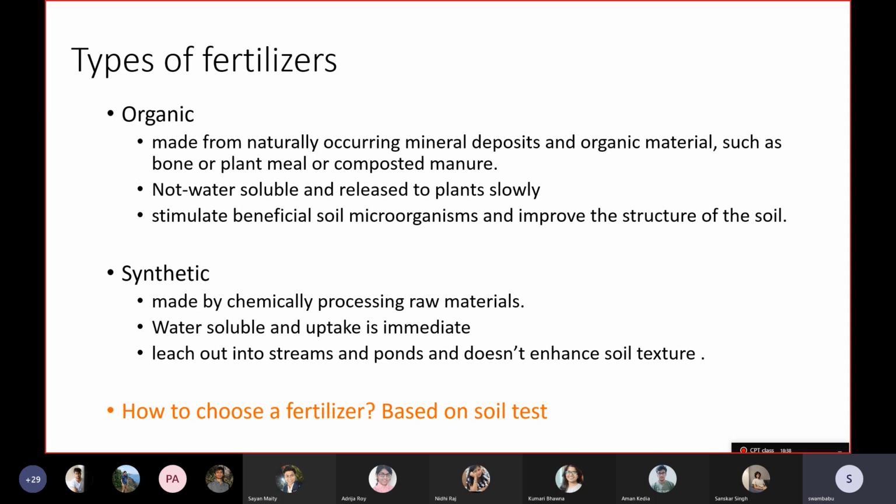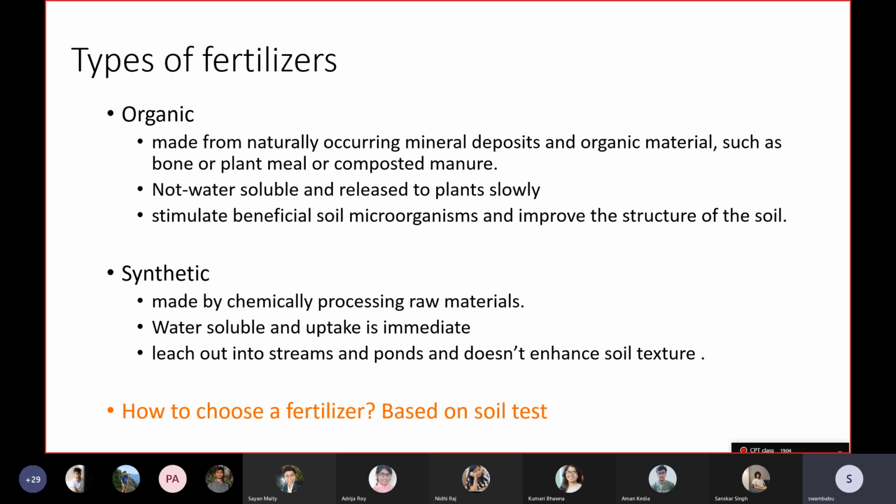So before they use fertilizer, they should perform a soil test. What mineral is less available in that soil, whether it is nitrogen, phosphorus or potassium. Based on the need of the soil, they should select a nitrogen-based fertilizer, phosphorus-based fertilizer, potassium-based fertilizer, or a mixture of the three.